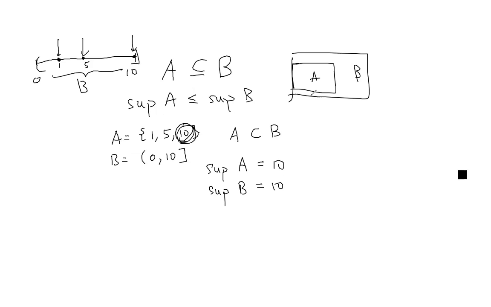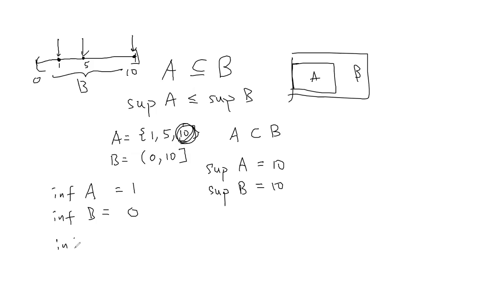So this is actually quite intuitive. It says that if B has an infimum, then the infimum of A has to be larger than or equal to the infimum of B. Using the same example, the infimum of A is equal to 1, and the infimum of B is equal to 0.